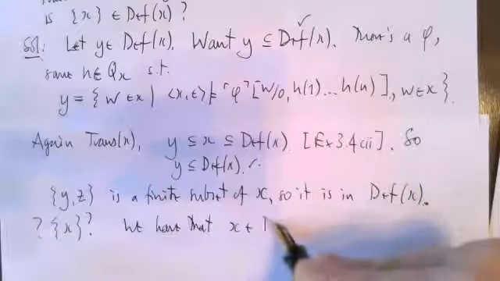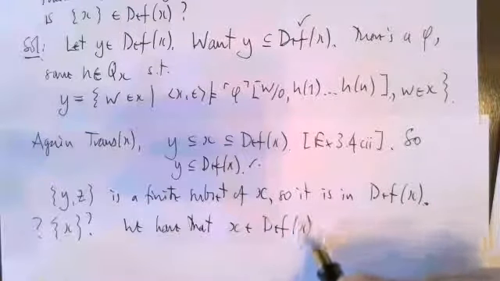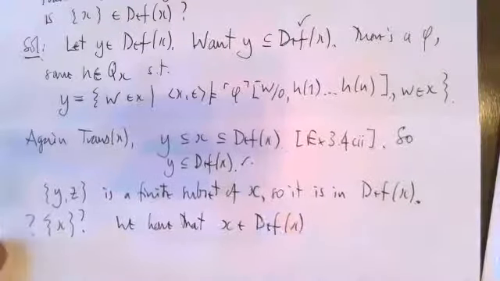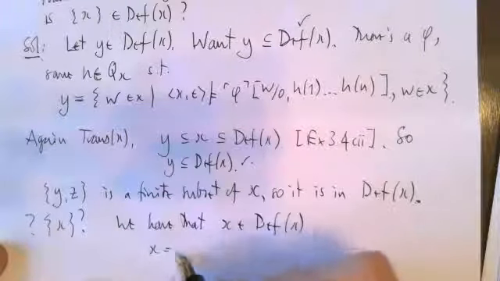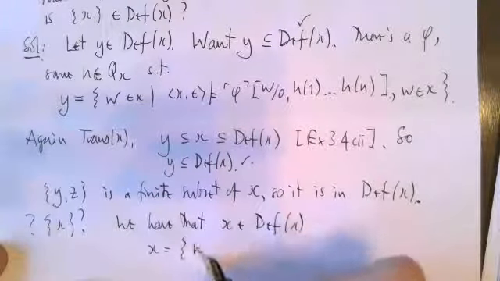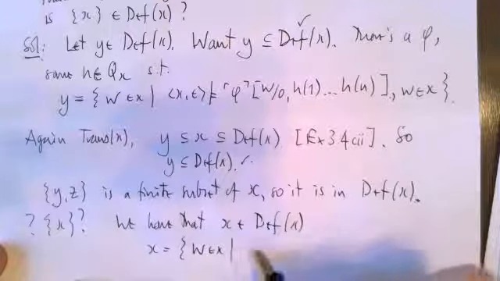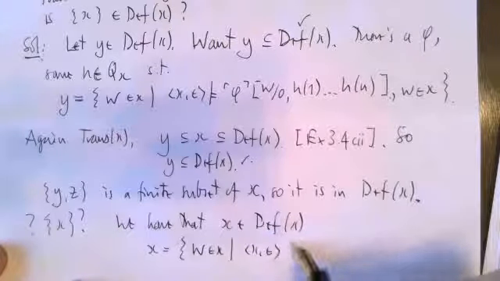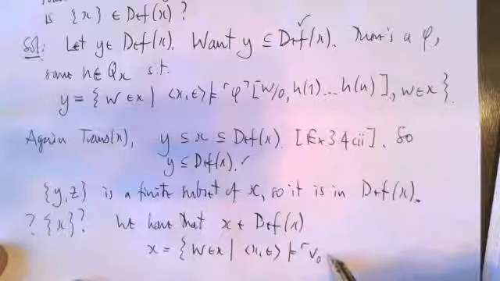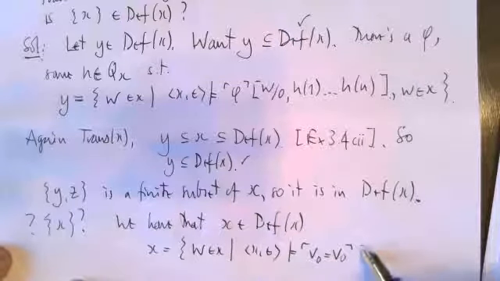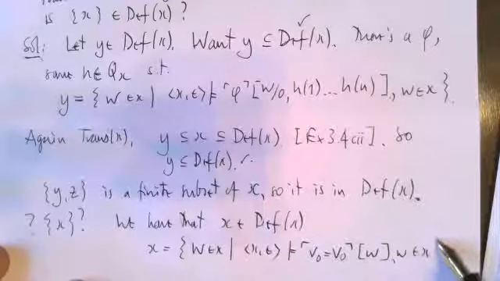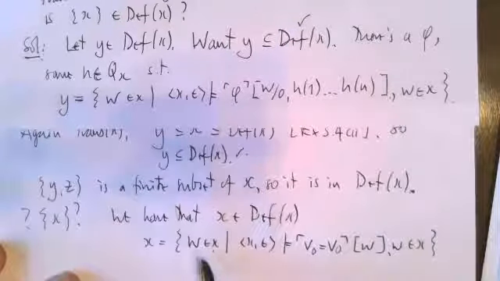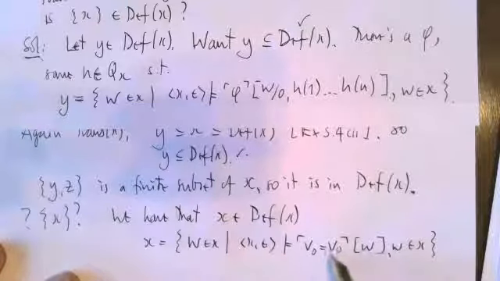We have that X is a member of def X. It's the set of things that equal themselves, just to labor the point. It's a collection of W's in X which equal themselves.